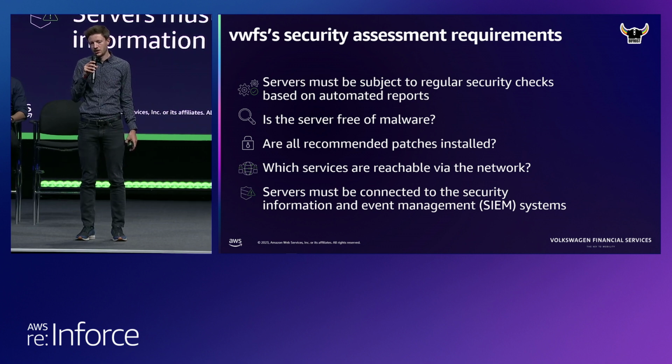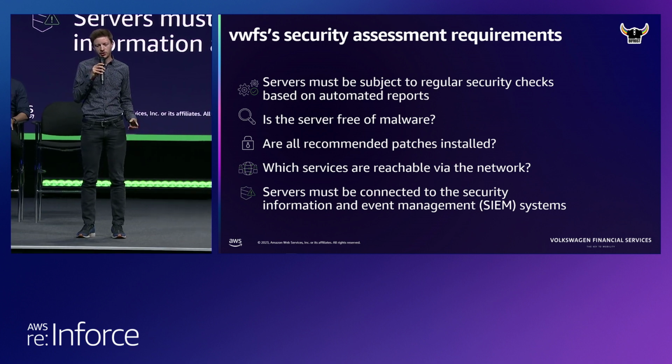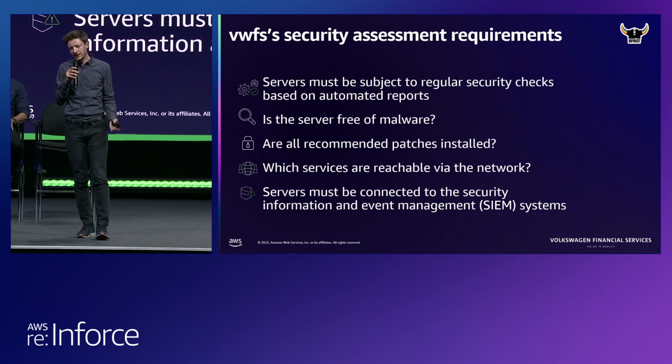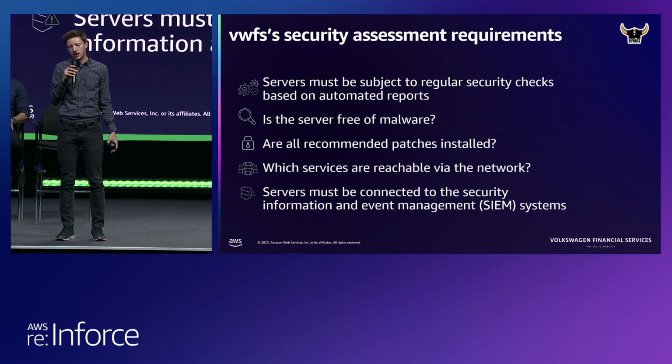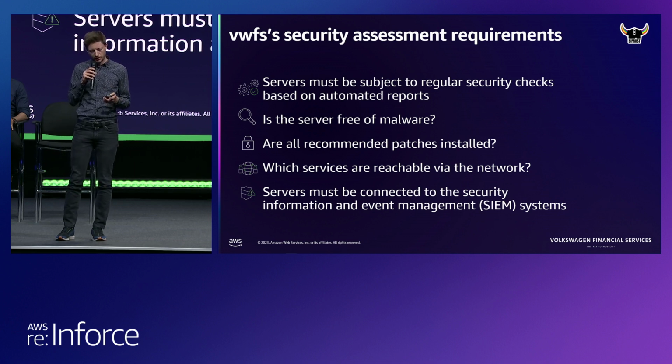Also, we need to prove to internal and external auditors that we install recommended patches. We need to prove which services are reachable via the network, because that increases the risk score if they are reachable. And as I already mentioned, we need to ingest certain security events and logging events into our security information and event management systems so that they are traceable, auditable, and we can query those things.